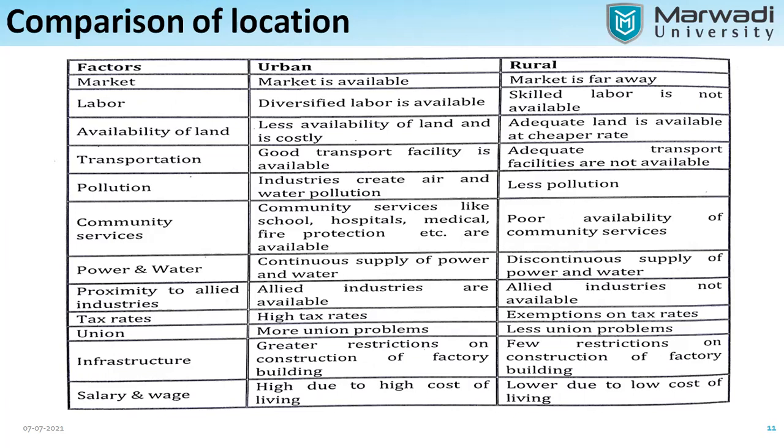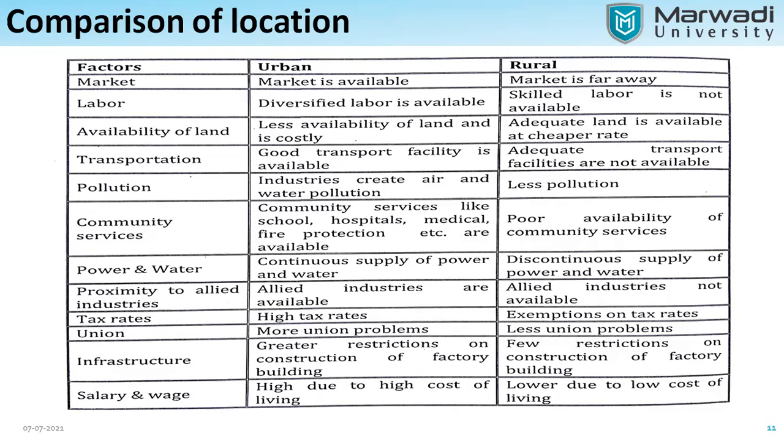So based on that, market is available in urban, and if we talk about rural, the market is very far away. If you consider the labor, then diversified labor, people from other skilled areas, are available near the urban area, while if we compare the skilled people in the rural area, they are not available.